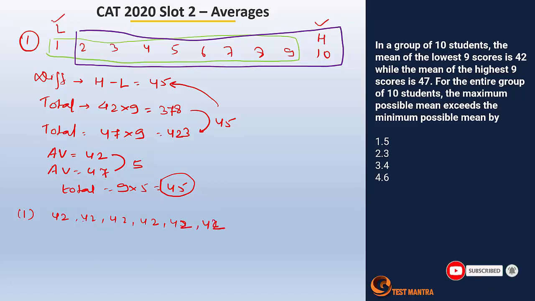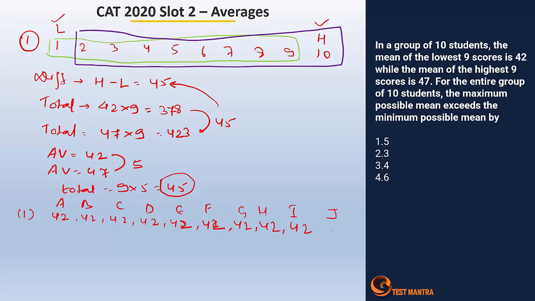So 1 2 3 4 5 6 7 8 9. I'll mark these people as, for the time being, A B C D E F G H I, and let's consider J here.